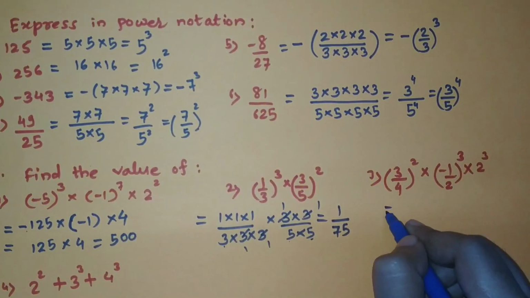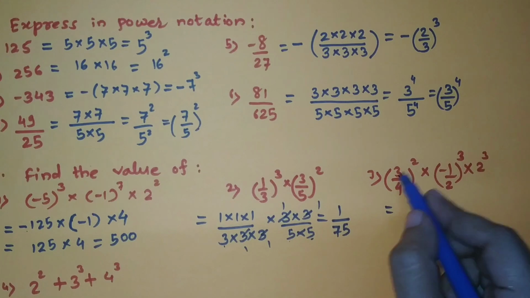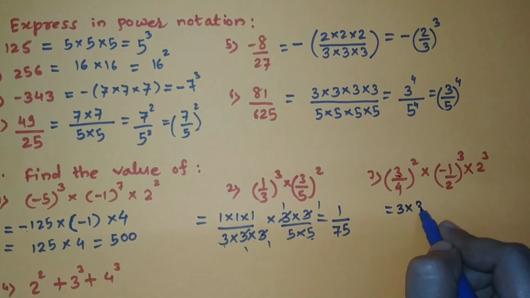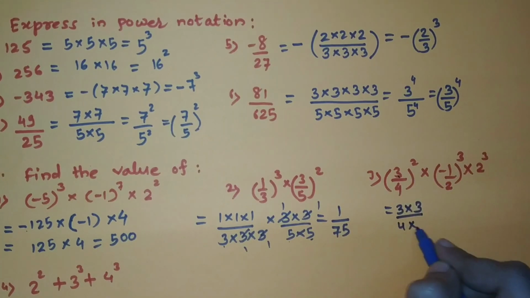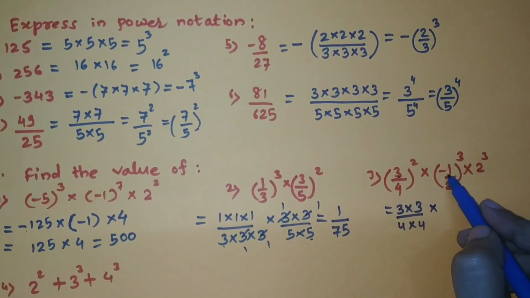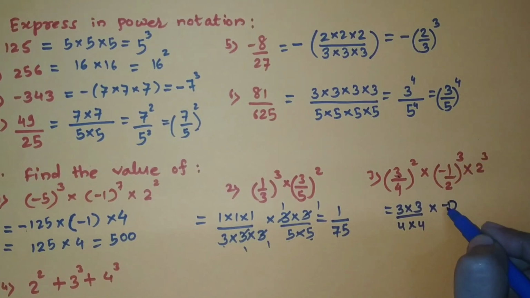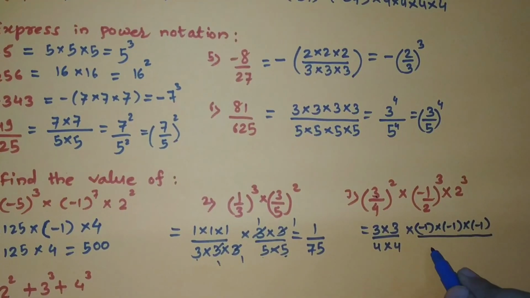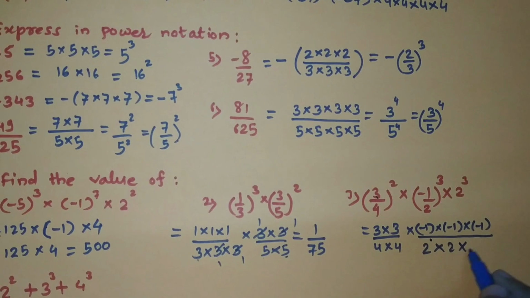Next we'll move to this, 3 by 4 whole square. You can directly take it, otherwise you can multiply here. 3 square means 3 into 3. 4 square is nothing but 4 into 4. And minus 1's cube means minus 1 you need to multiply 3 times, that is minus 1 into minus 1 into minus 1. And then 2's cube, 2 into 2 into 2.